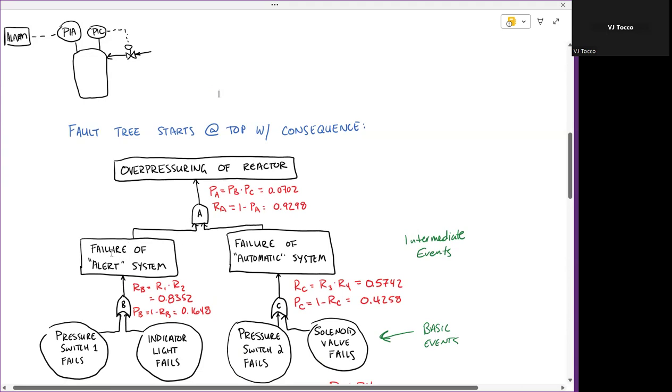We've got a failure of the alert system, so that's the left side, and a failure of the automatic system, that's the right side. So if we break it down one step further, there's two components that go into the alert system. There is the pressure indicator, and there's an alarm. So in this subsystem, just considering these two things, if the pressure indicator fails, then the alarm is not going to know that it's supposed to trigger.